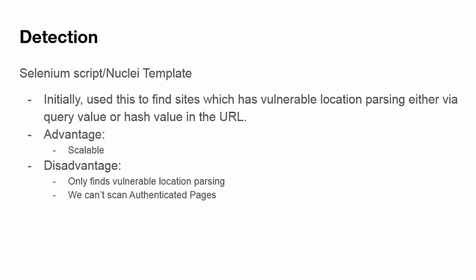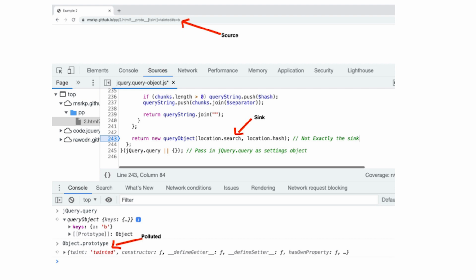The basic idea is that it appends a prototype pollution payload to the given URL, and if there is a vulnerable location parser, it gets polluted, right? So once it's polluted, the Python script uses a Selenium bot and checks if object.prototype is polluted. If it's polluted, it will send a notification to Discord. So basically, that's how the Python Selenium script works.